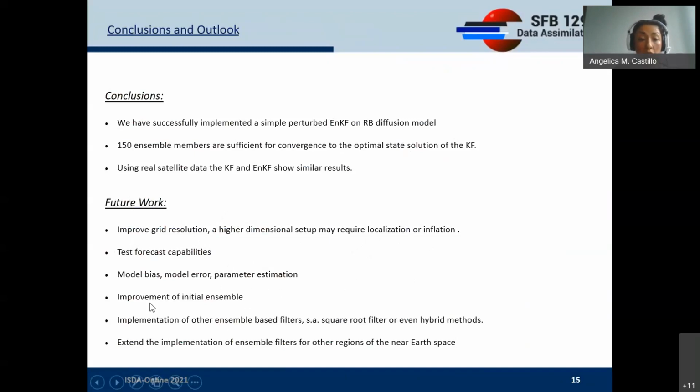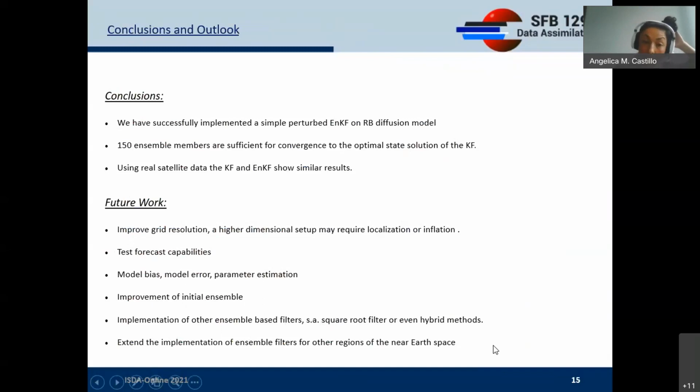As I mentioned, we definitely need some improvement of our initial ensemble, and this is something that we would have to look into soon. But we would also like to implement further ensemble filter techniques or even hybrid methods.